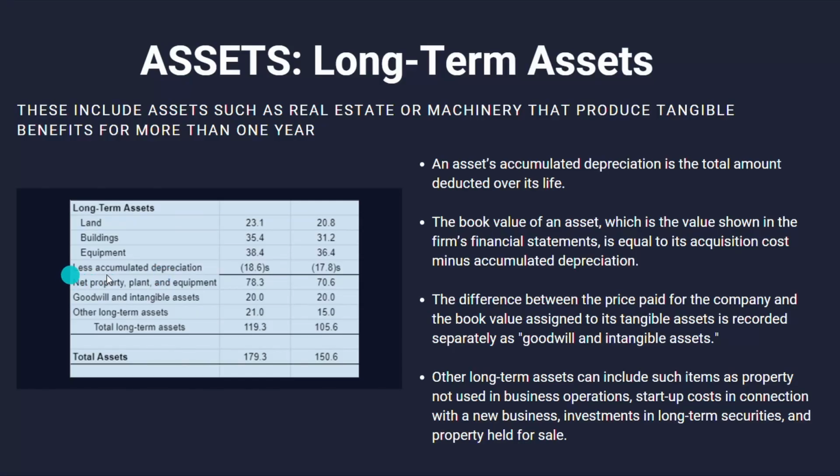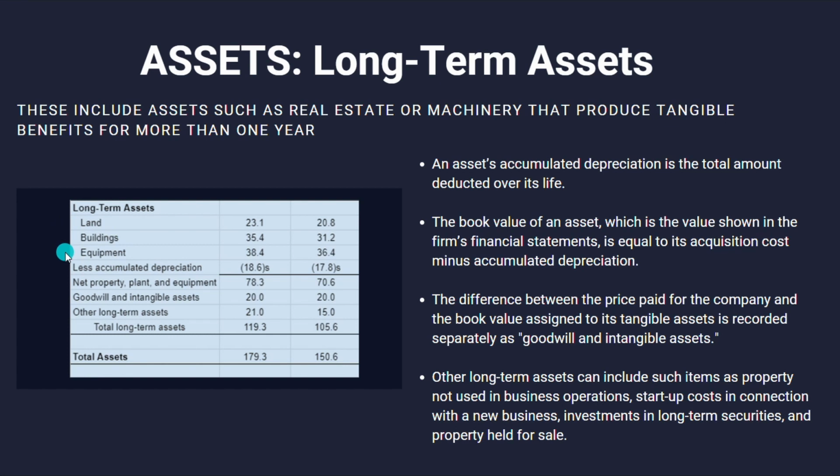It is a way of recognizing that buildings and equipment wear out and thus become less valuable the older they get. The book value of an asset, which is the value shown in the firm's financial statements, is equal to its acquisition cost minus accumulated depreciation. Net property, plant, and equipment shows the book value of these assets.